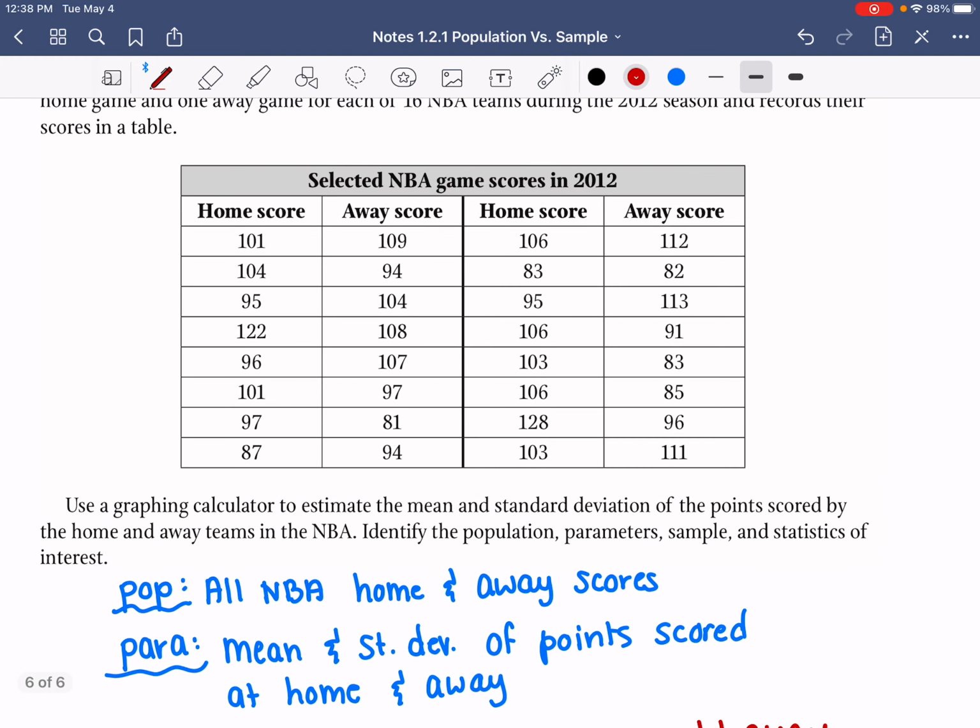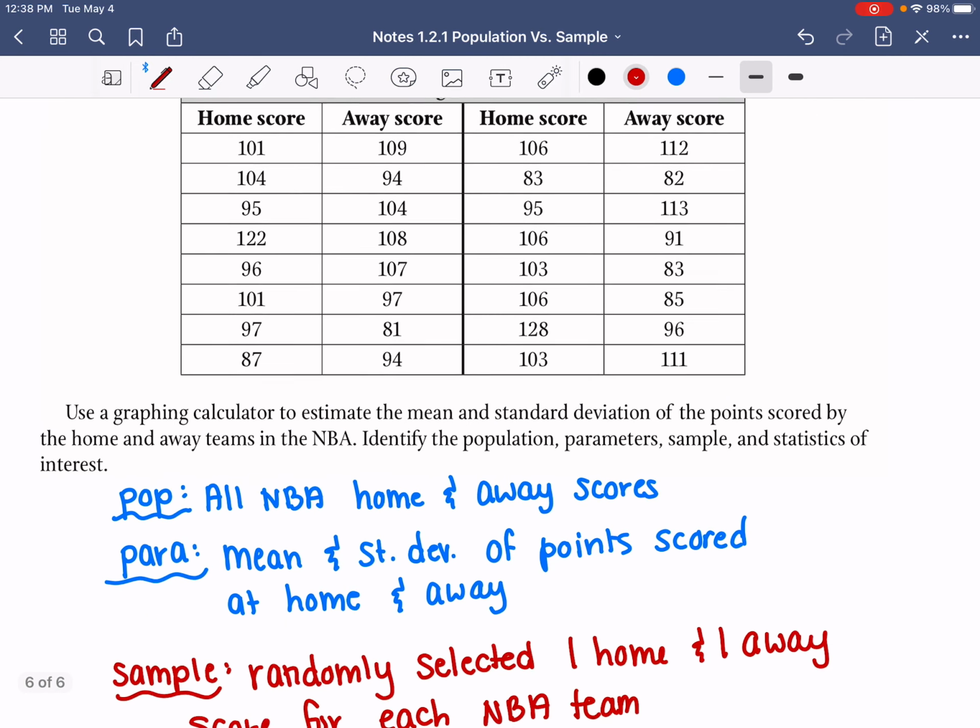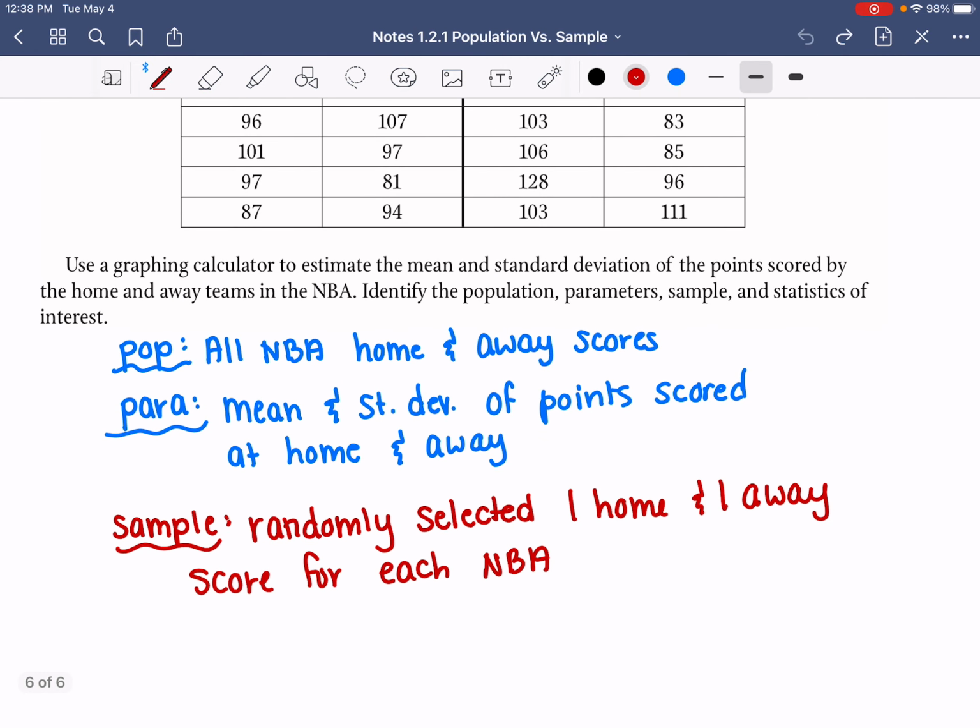I'm going to say 16 NBA teams. Are there more than 16? You guys can fact check me.